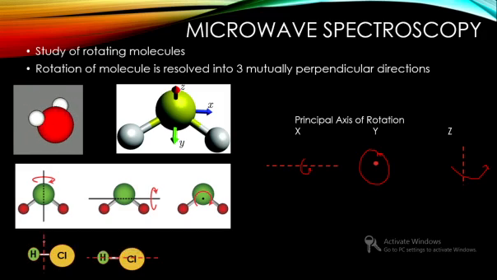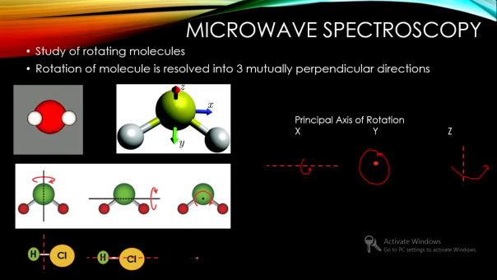Another possibility is that the molecule is rotating about this particular axis, which is along the bond axis, and hence this kind of axis is called the molecular axis of the molecule. The third one is the axis perpendicular to the display.